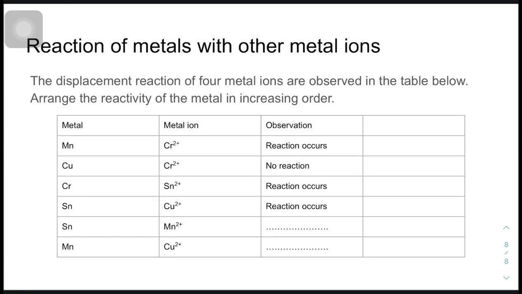Okay. The last question of the first video series that I will be uploading is this. The displacement reaction of 4 metal ions are observed in the table below. Arrange the reactivity of the metal in increasing order. And also another one is fill up the blank after we have got that.